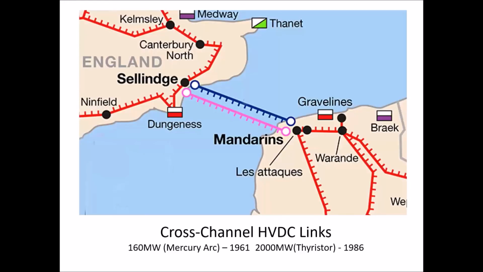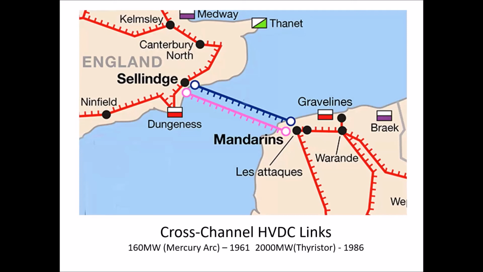So we've gone from a 1 kilowatt camping setup with an inverter, and now we're using a rectifier and inverter to connect to France. You can see on the pink link, that was 160 megawatt, and they were Mercury Arc from 1961. And next to it is 2 gigawatt, 2000 megawatt, 2 million kilowatt.